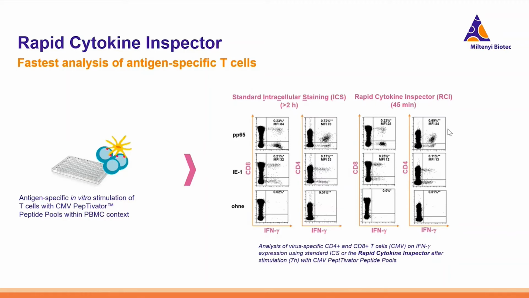Further applications include assessment of a sample's immune status or testing of leukapheresis material for virus-specific CD4 and CD8 T cells. As said before, the Rapid Cytokine Inspector is of course compatible with the Express mode for automated data analysis on the MACSQuant analyzers to even speed up your analysis more.